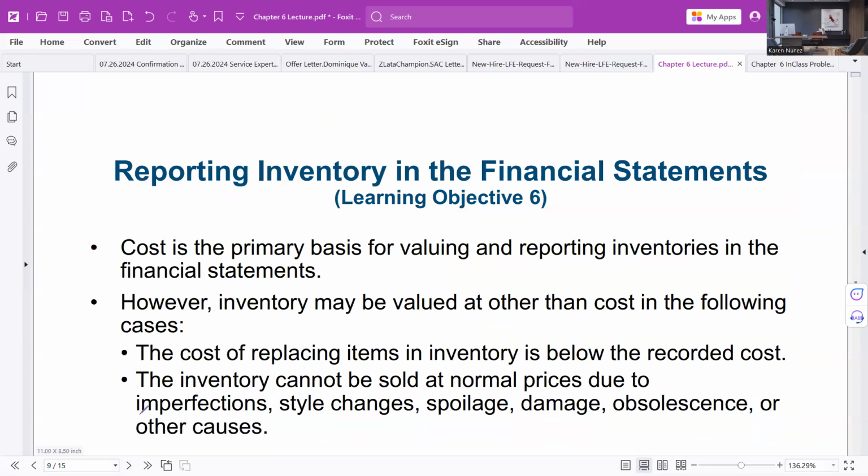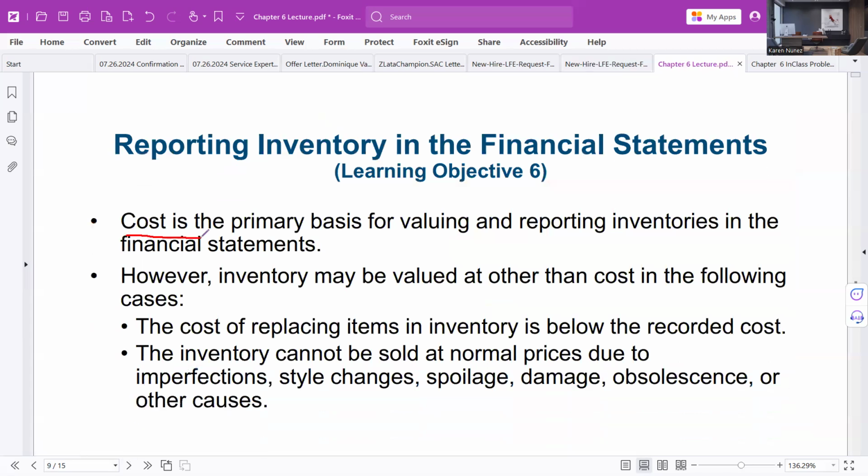So when we report inventory, essentially cost is the primary basis that we use. So when you see the inventory reported in the current asset section of the balance sheet, typically we are reporting inventory at cost. But sometimes we might value it at something other than cost.